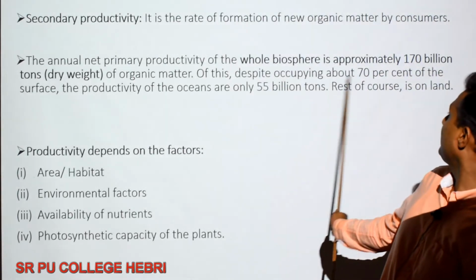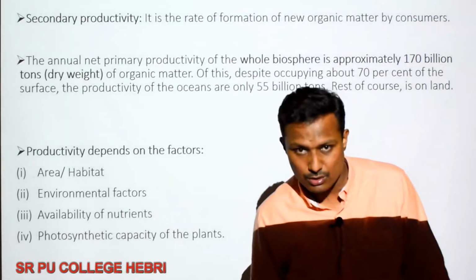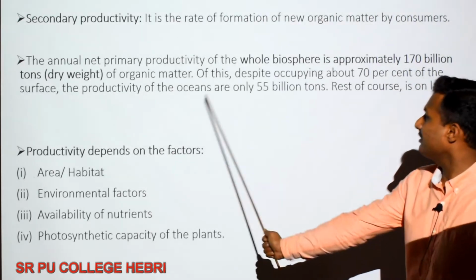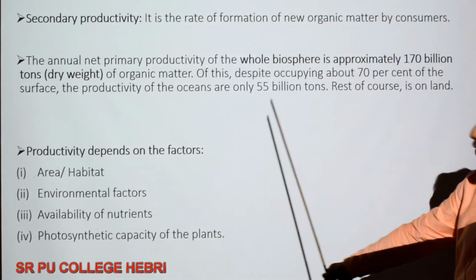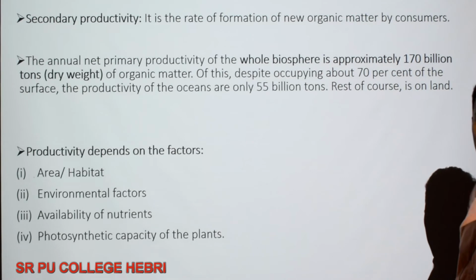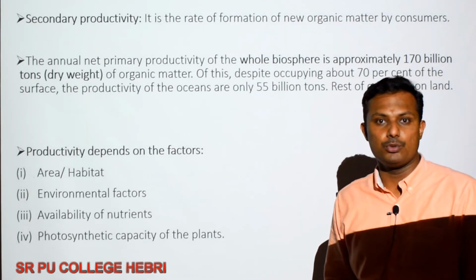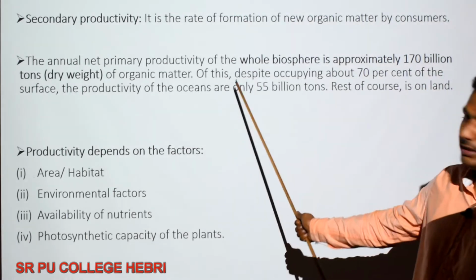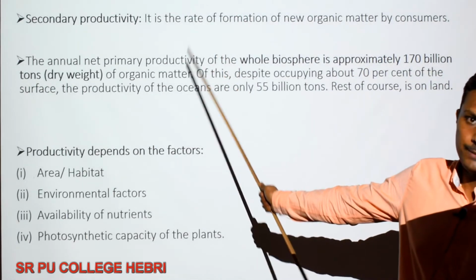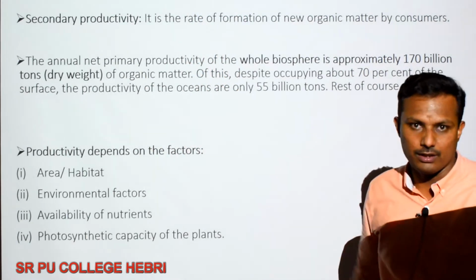Despite occupying 70% of the surface, the productivity of the oceans is only 55 billion tons, and the rest, the large amount of biomass, is produced by the organisms present on the lithosphere, on the surface of the earth.